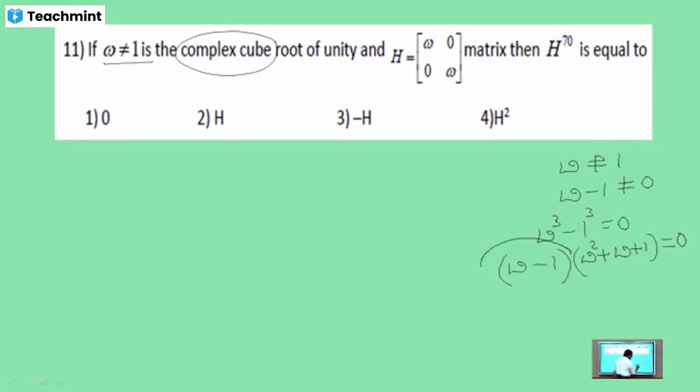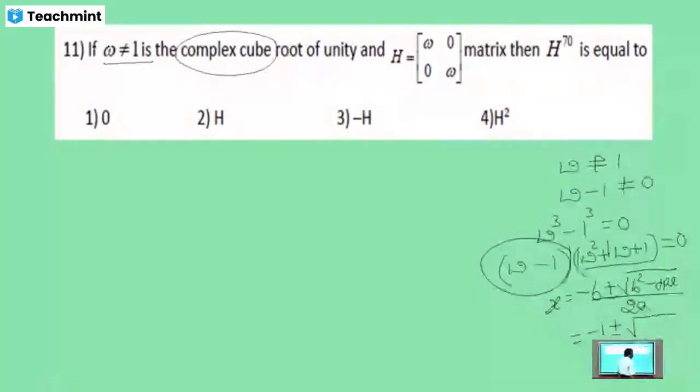Already we have concluded that omega minus 1 is not equal to 0. ಆಗ ಯಾವ 0 ಆಗ್ಬೇಕು ನನಗೆ? ಇದು 0 ಆಗಿರ್ಬೇಕು. ಇದು 0 ಆದಾಗ ನಾನು ರೂಟ್ ಕಂಡುಹಿಡಿಯಲಿಕ್ಕೆ ಫಾರ್ಮುಲಾ ಯೂಸ್ ಮಾಡ್ತೇನೆ. ಕ್ವಾಡ್ರಾಟಿಕ್ ಇಕ್ವೇಶನ್ ನ ರೂಟ್ ಕಂಡುಹಿಡಿಯಲಿಕ್ಕೆ ಯೂಸ್ ಮಾಡಿದ್ದೇವಲ್ಲ ಅದು x equal to minus b plus or minus square root of b square minus 4ac divided by 2a. b place ಅಲ್ಲಿ ಏನಿದೆ 1, a place ಅಲ್ಲಿ ಏನಿದೆ 1, c place ಅಲ್ಲಿ ಏನಿದೆ 1. When I substitute and simplify I will get minus 1 plus or minus square root of b square is 1 square.